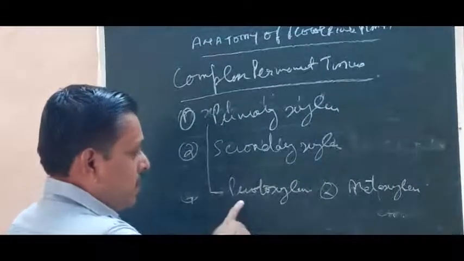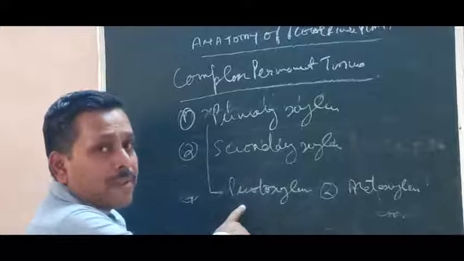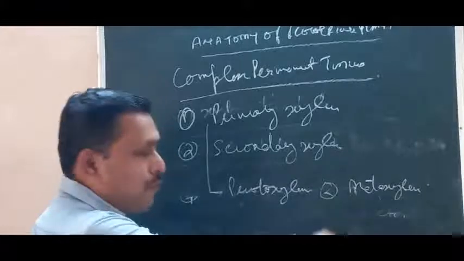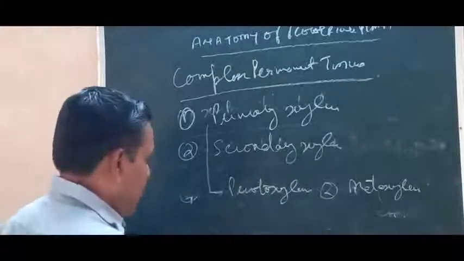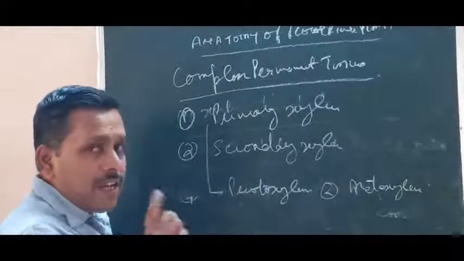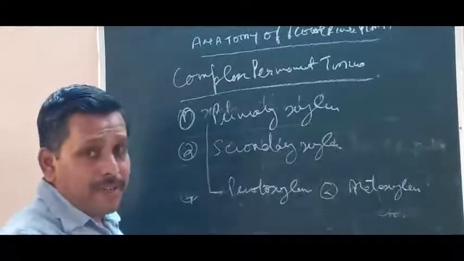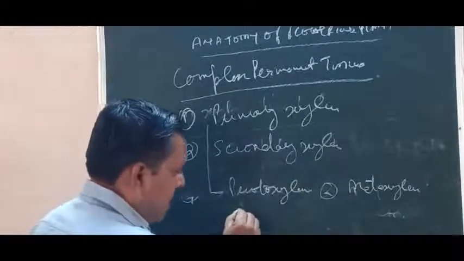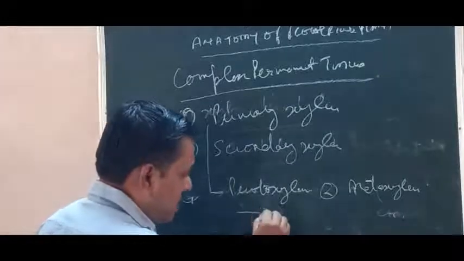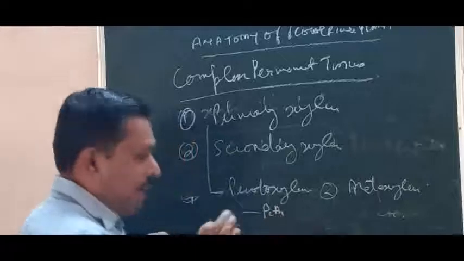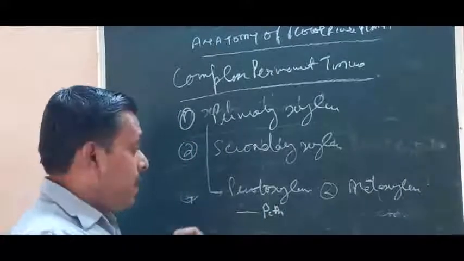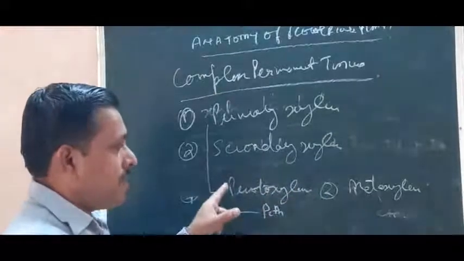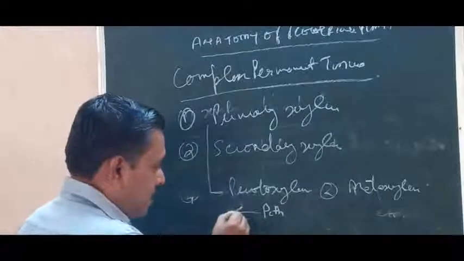Protoxylem is the first formed primary xylem, while the metaxylem is the later formed primary xylem. In plants, there are two conditions of protoxylem and metaxylem appearance. In the stem, the protoxylem lies towards the center or towards the pith, and the later formed metaxylem of the primary xylem lies towards the periphery.